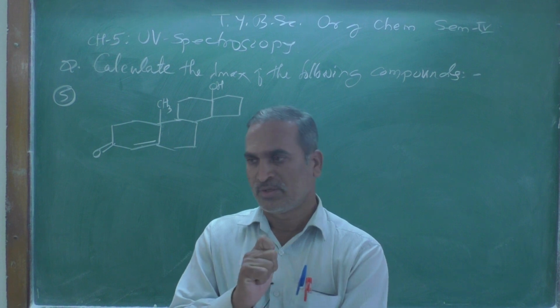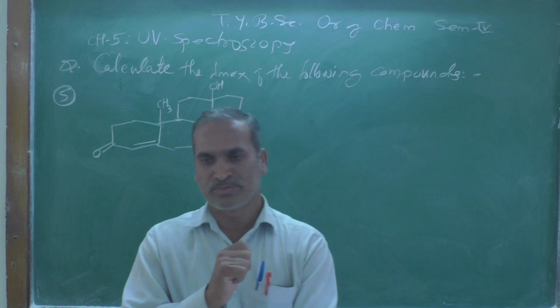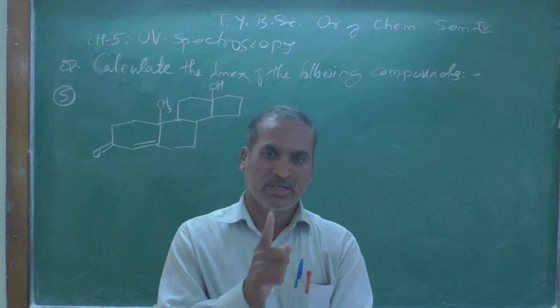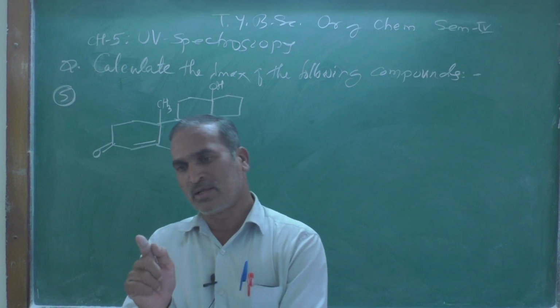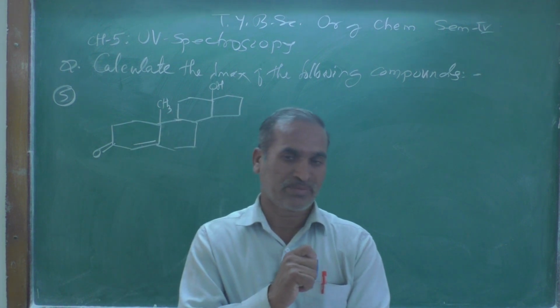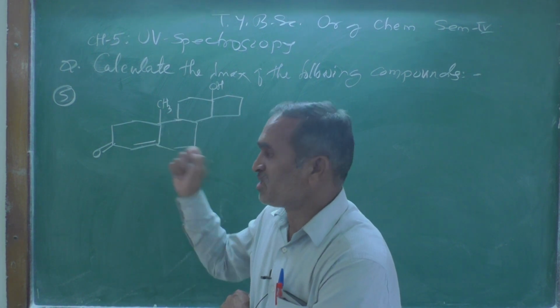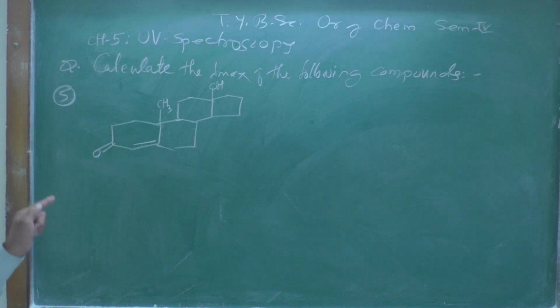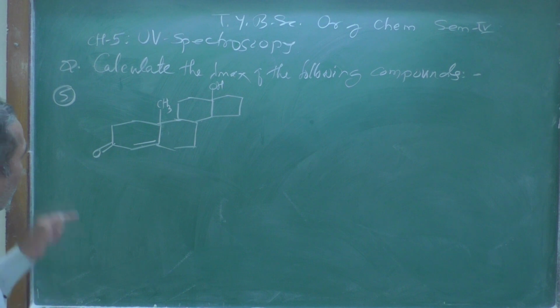As I already told you, there are two systems: one is a diene system, another one is an enone system. Now tell me, what type of system is here? Is it a diene system or is it an enone system?